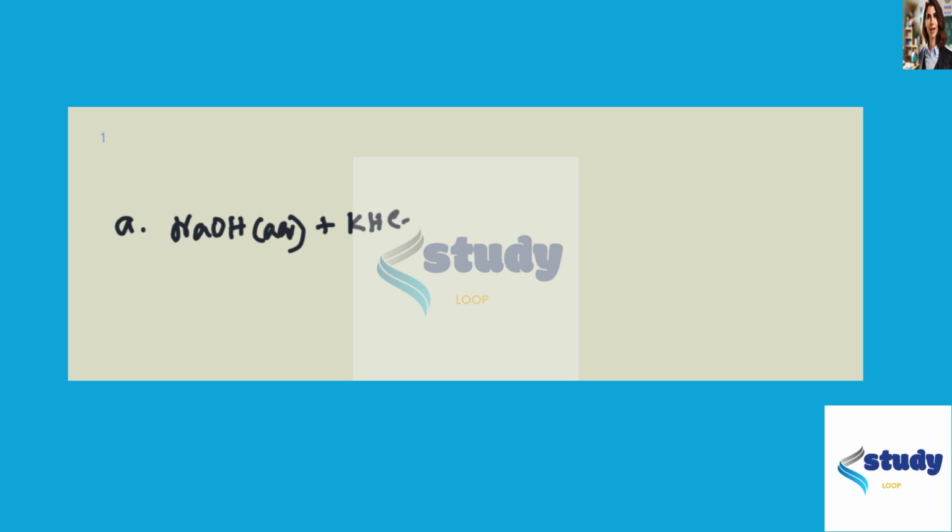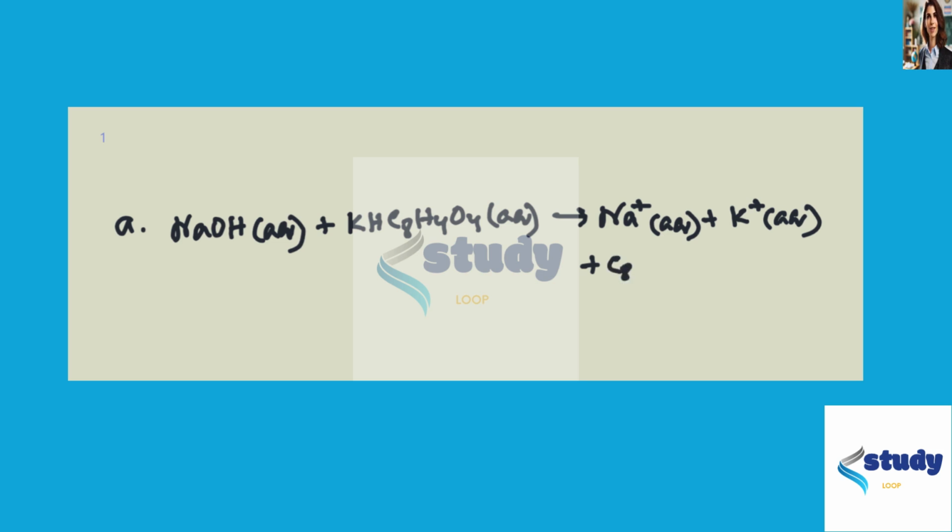So let's first write the reaction equation here, where we have sodium hydroxide in aqueous condition will react with the KHP, and in the product we'll have sodium ion plus the potassium ion plus the C8H4O4 2 minus ion plus water.